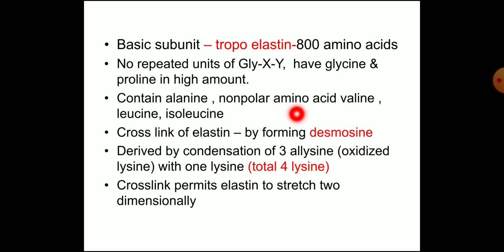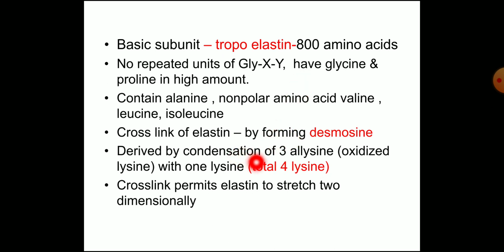Now the basic subunit of elastin is tropoelastin, which consists of 800 amino acids. There are no repeated units like glycine-proline-hydroxyproline, but it has glycine and proline in high amounts. And it contains alanine and non-polar amino acids like valine, leucine, and isoleucine. Cross-linking of elastin is by forming desmosine, just like in tropocollagen. Here the desmosine helps in the cross-linking of the tropoelastin.